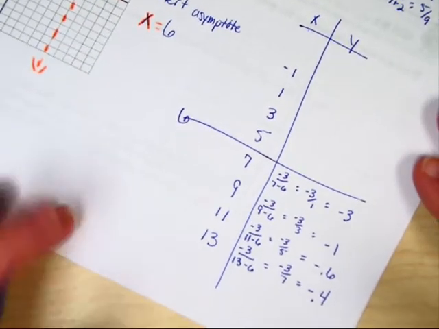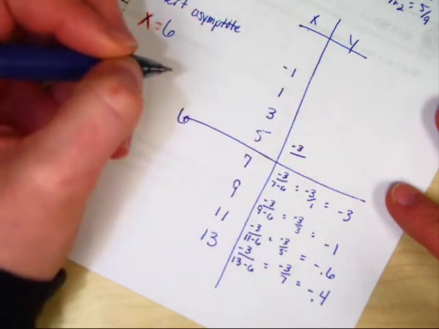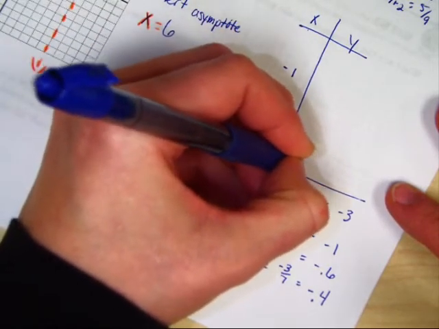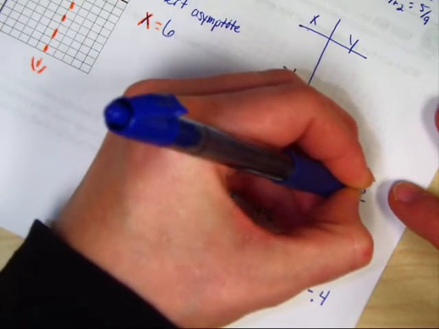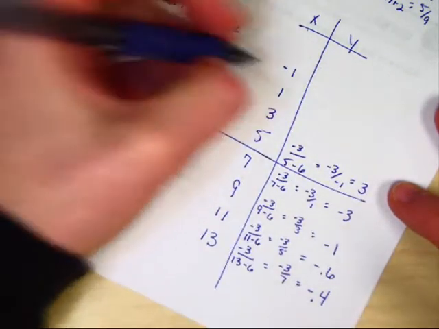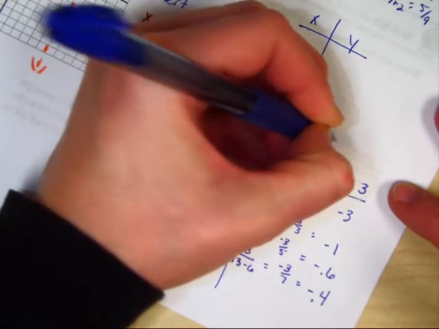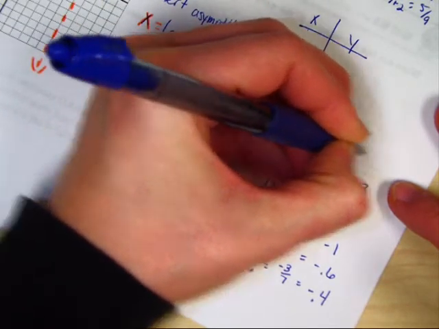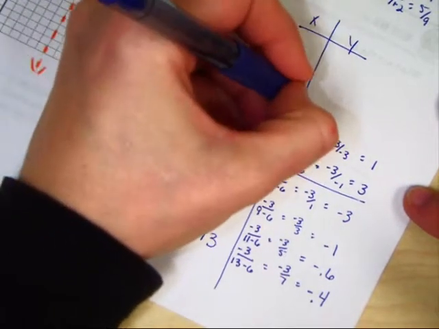Now I'm going to plug in the ones up here. You ready? Negative 3 over 5 minus 6 is negative 3 over negative 1, so I get a positive 3. Look how they're starting to reflect. Negative 3 over 3 minus 6 is negative 3 over negative 3, which is a positive 1. Again, we see the reflection.